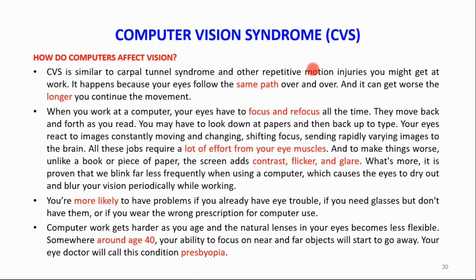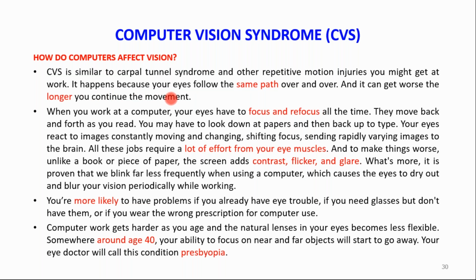So while reading these lines, while focusing or refocusing activities there, and if you do these work activities for a longer time, then you may be affected by CVS.